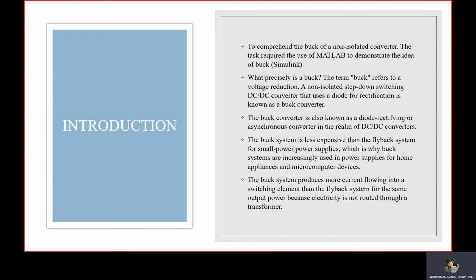And lastly, the buck system produces more current flowing into a switching element than the flyback system for the same output power because electricity is not routed through a transformer.